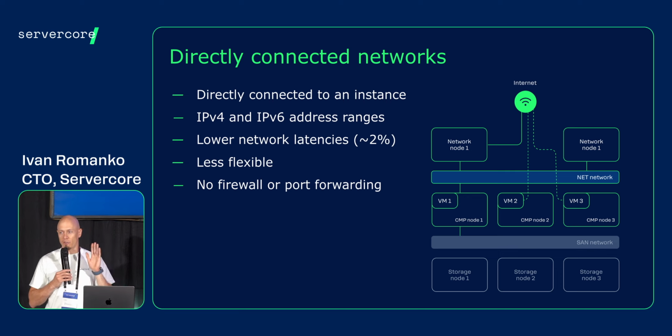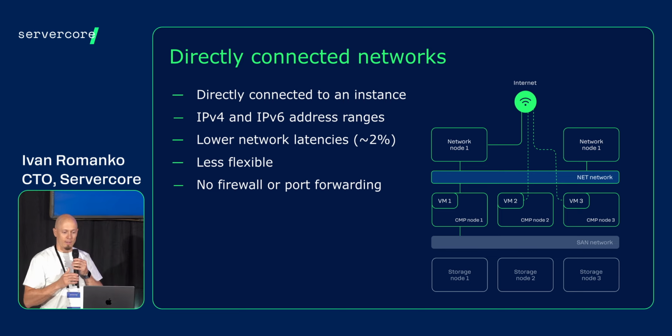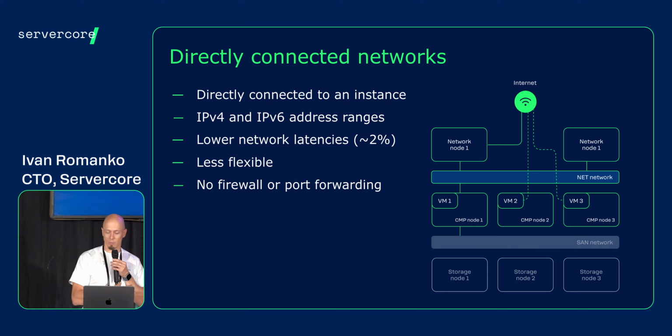At the very beginning, I've mentioned that there are two main types of organizing public connectivity. And by now we have talked about the first one, which involves the usage of network nodes. There is another approach to avoid using those network nodes, using networks which are directly connected to virtual machines.